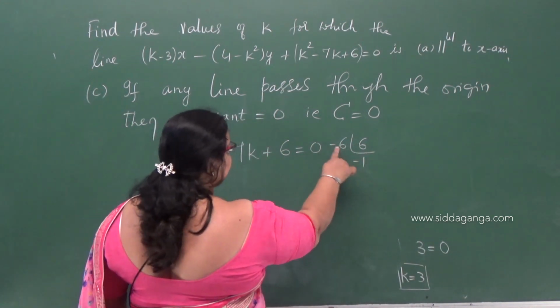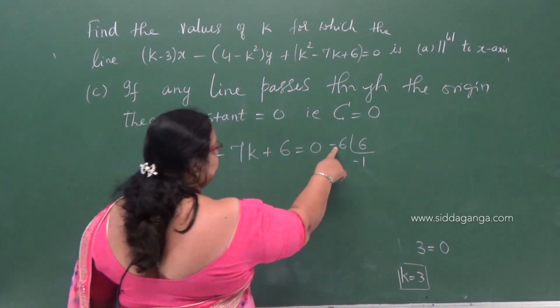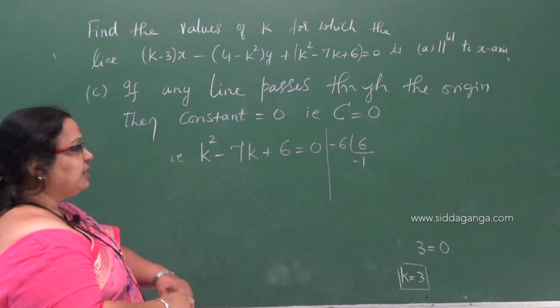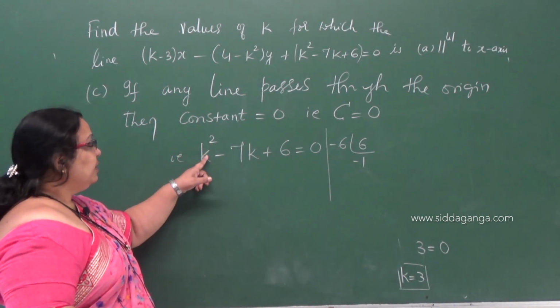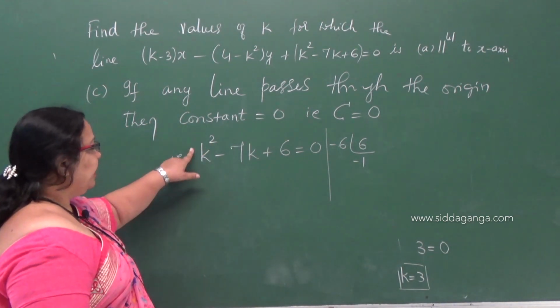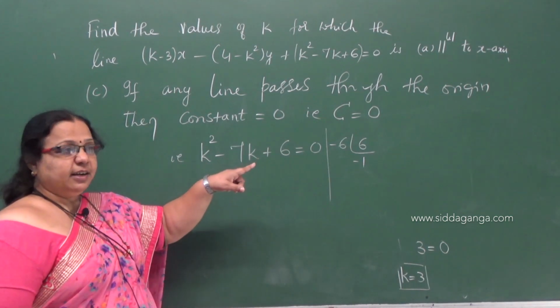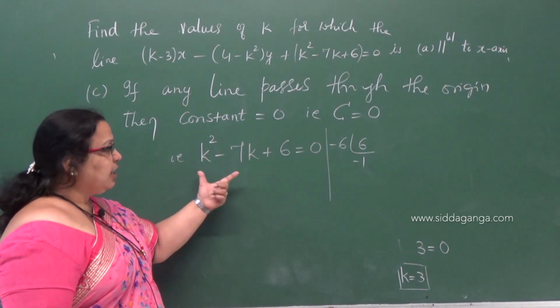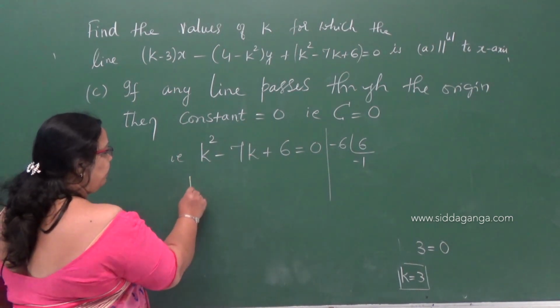When we add these two, we get minus 7. When we multiply these two, we get plus 6. So since the coefficient of the square term is 1, we can directly write them as factors.